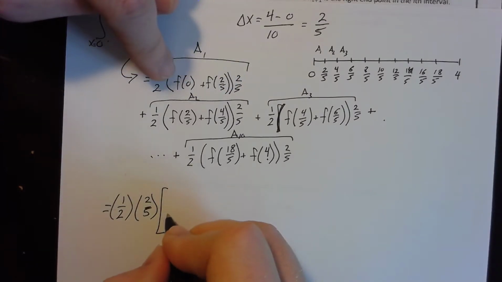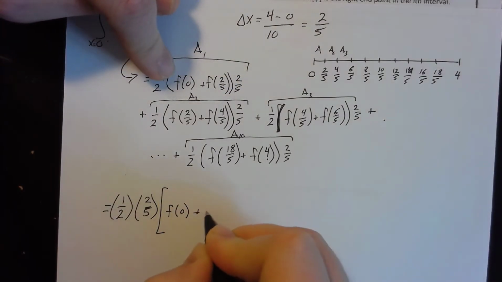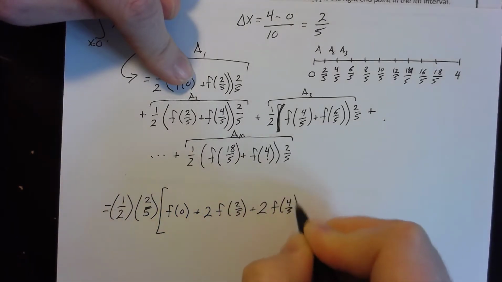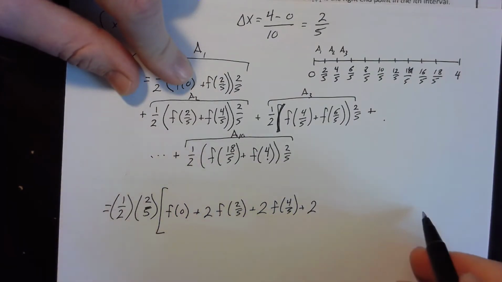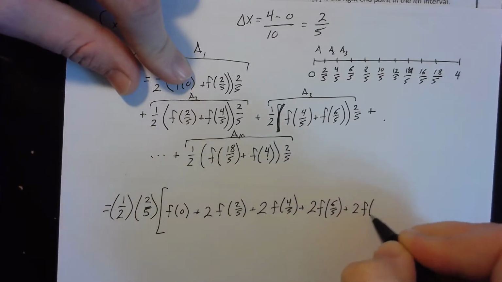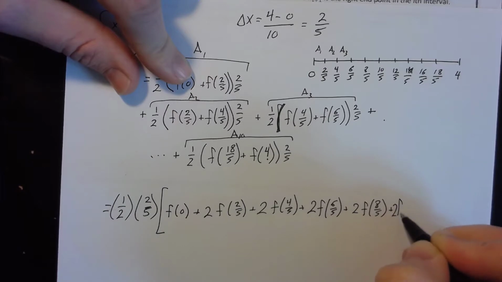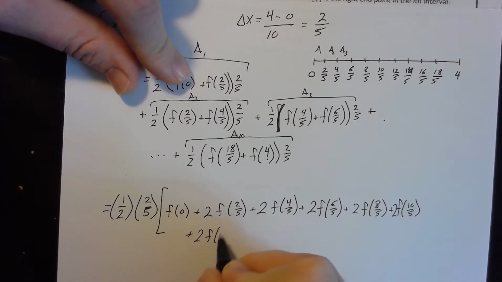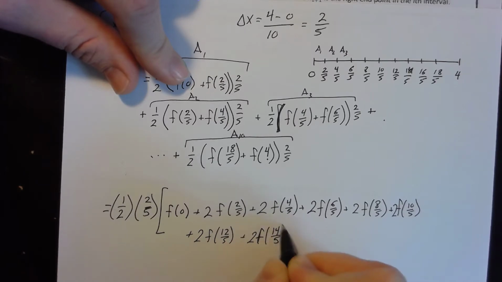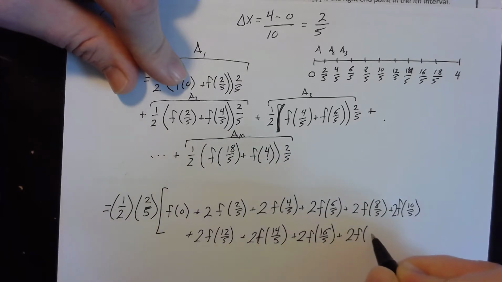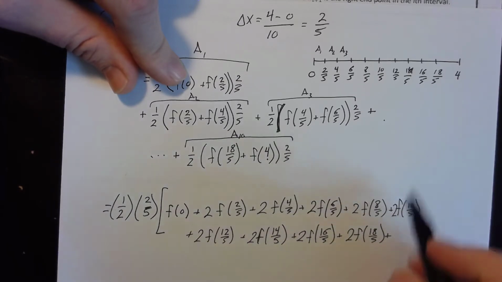So it will actually be 1/2 multiplied by my delta x, multiplied by f of 0 plus 2 f of 2/5 plus 2 f of 4/5 plus 2 f of 6/5, plus 2 f of 8/5, plus 2 f of 10/5, which is just f of 2, plus 2 times f of 12/5, plus 2 times f of 14/5, plus 2 times f of 16/5, plus 2 times f of 18/5, and then plus finally the last term.